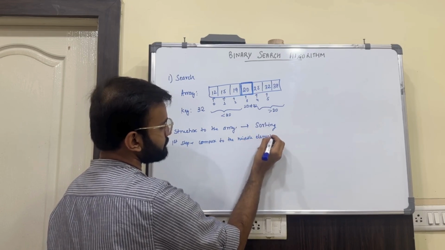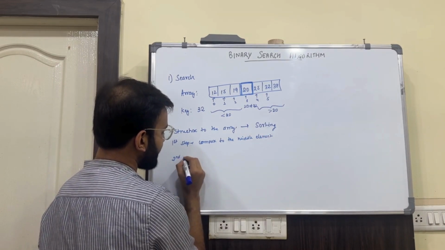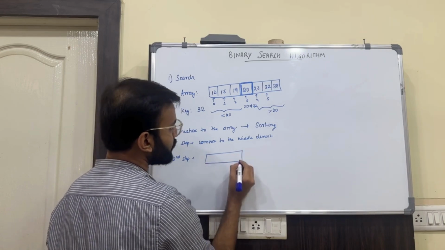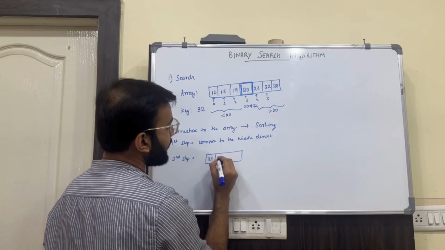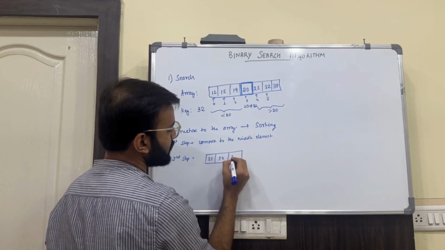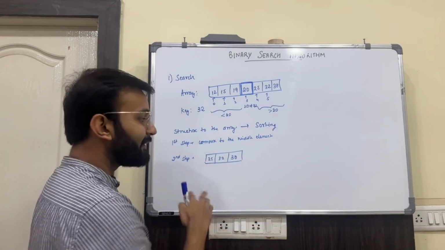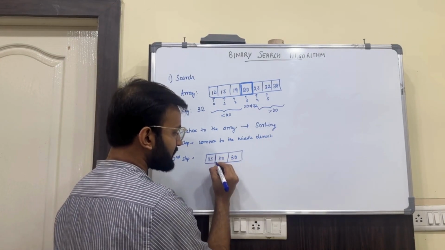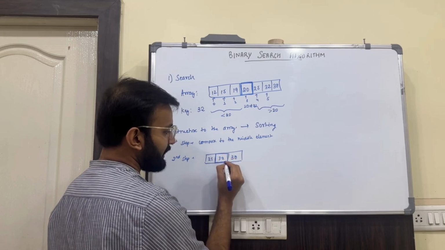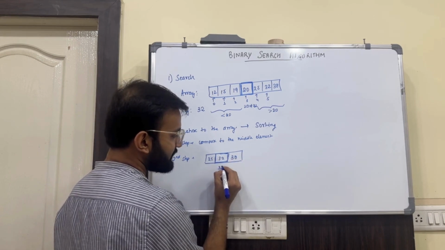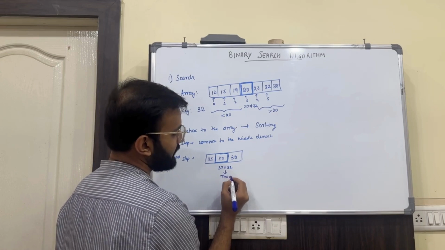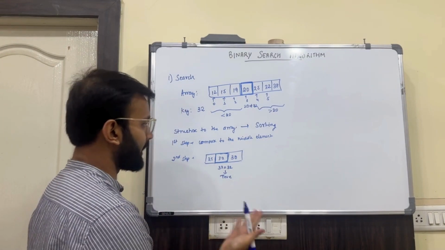Then in the second step, my array has reduced to 25, 32, 38. Now I'll do the same thing. Instead of starting from the beginning, I go to the centermost element, which is 32, and compare it to my key, which is 32, and I reach the answer that the element exists in the array.